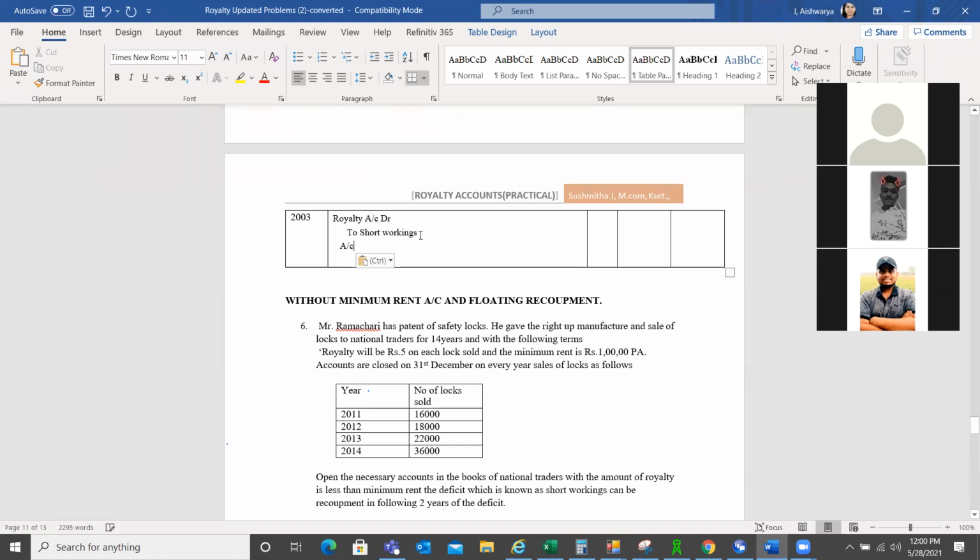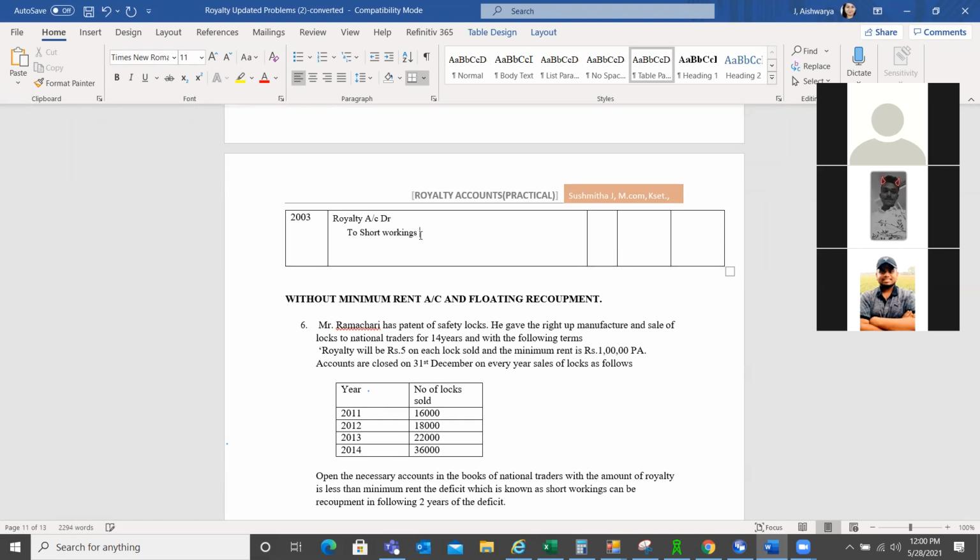Then I'll write it as to landlord account.